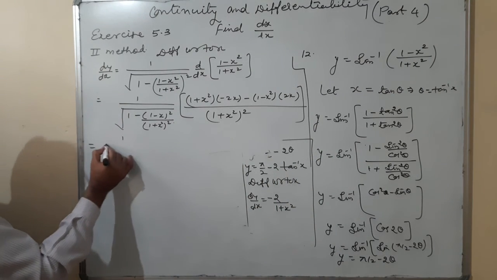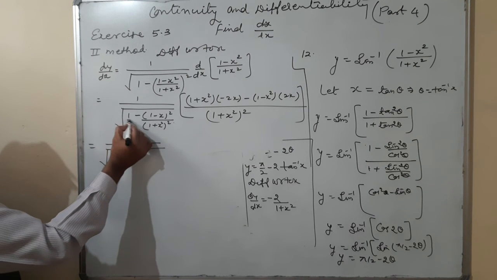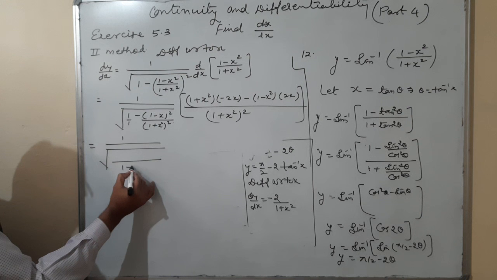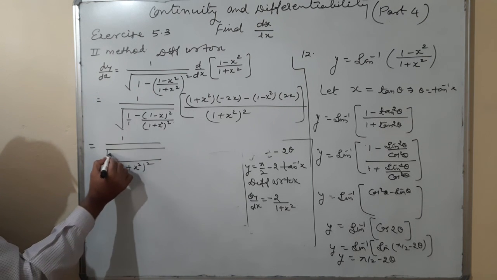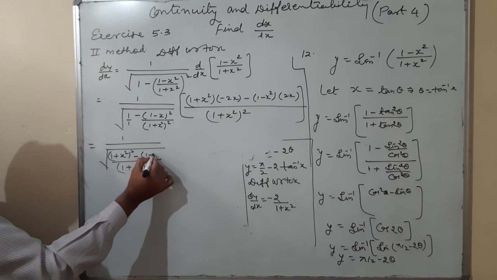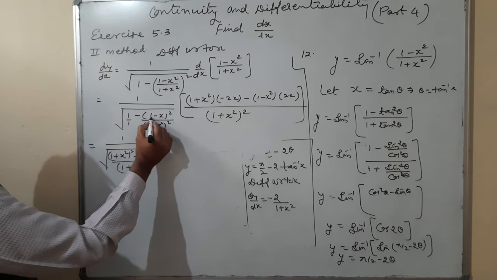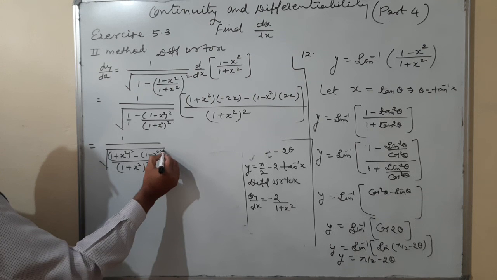This means 1 upon under root, and the LCM of 1 and 1 plus x square whole square is 1 plus x square whole square. It is coming 1 plus x square whole square minus 1 minus x square, and 1 plus x square whole square.